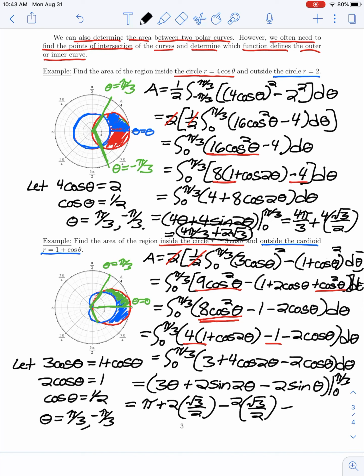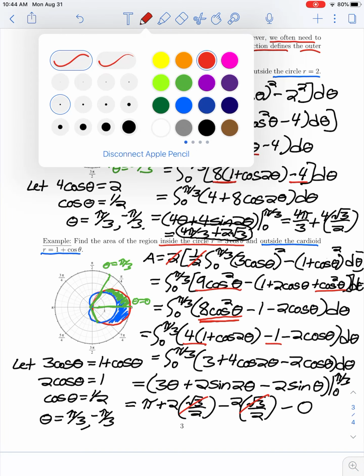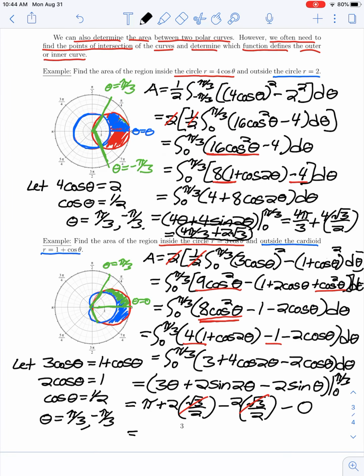And then we subtract the value that we get when we substitute in 0. So plugging in 0 for theta, we're left with 0. And we can see here that the 2 times root 3 over 2 minus 2 times root 3 over 2 will cancel one another. And so we're left with pi for the area of that shaded region. Okay.